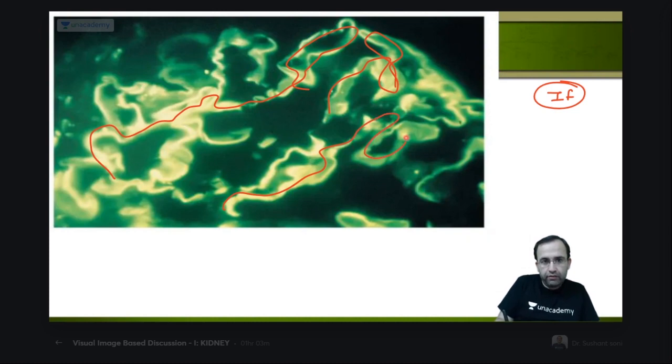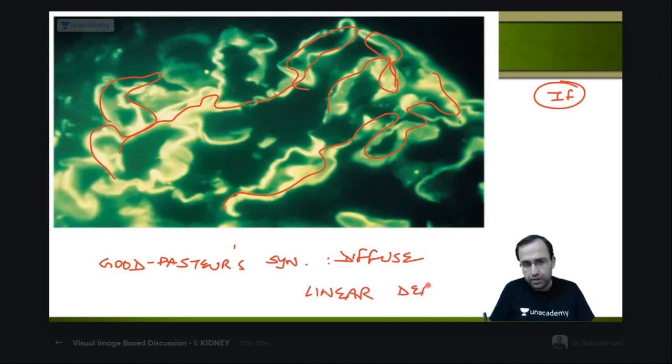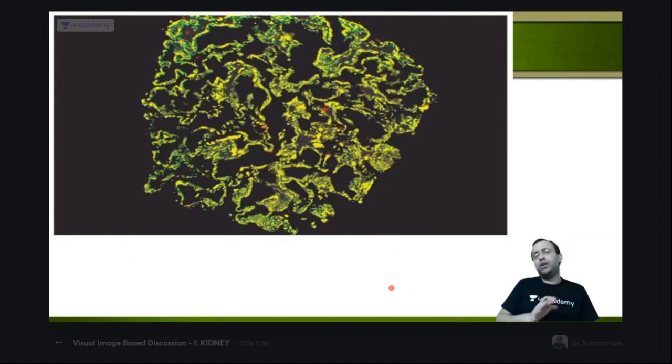It is a diffuse linear deposit seen in Goodpasture's syndrome.